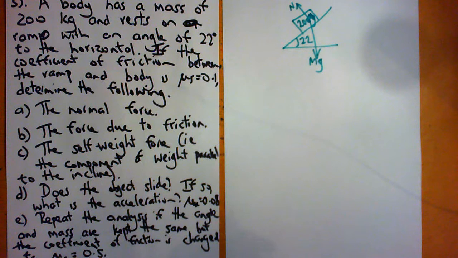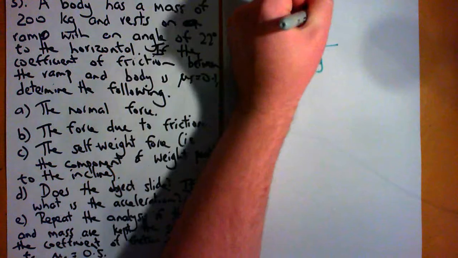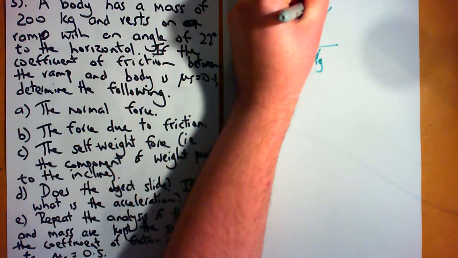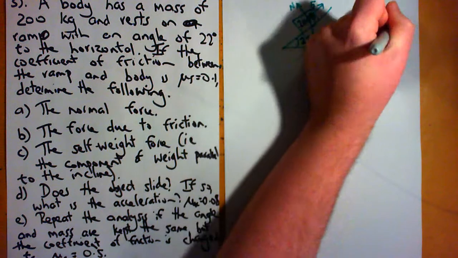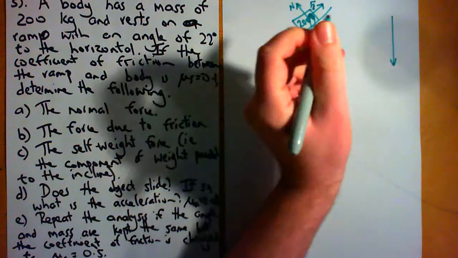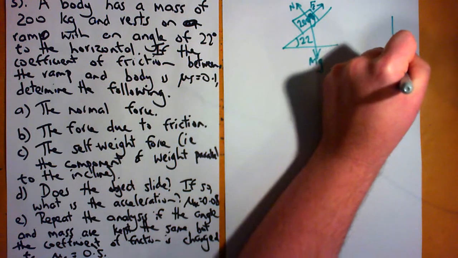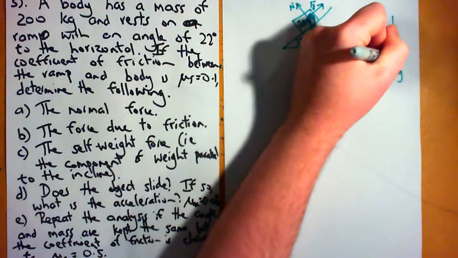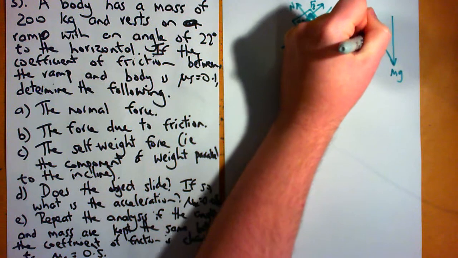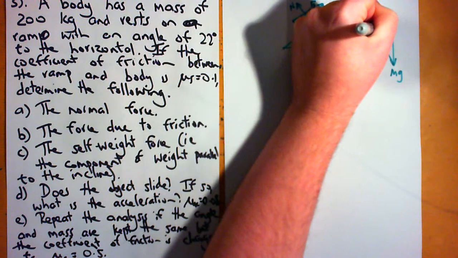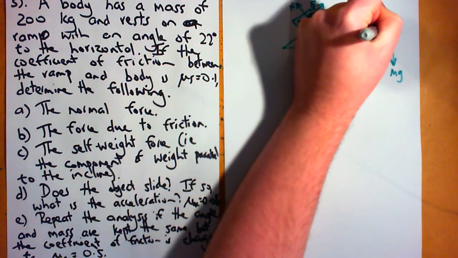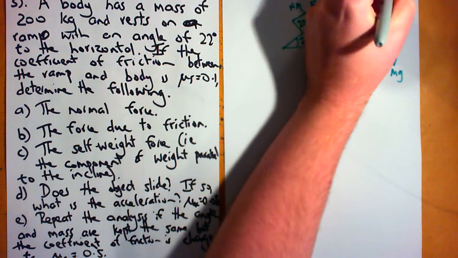Now if it's going to move, it's going to slide down the incline, which means that we need friction to be pointing up the incline because friction acts against motion. So if we draw a vector triangle out of what we've got, mass times gravity, a normal force N, and a friction force which is going to complete the triangle, we have a 90-degree angle there.